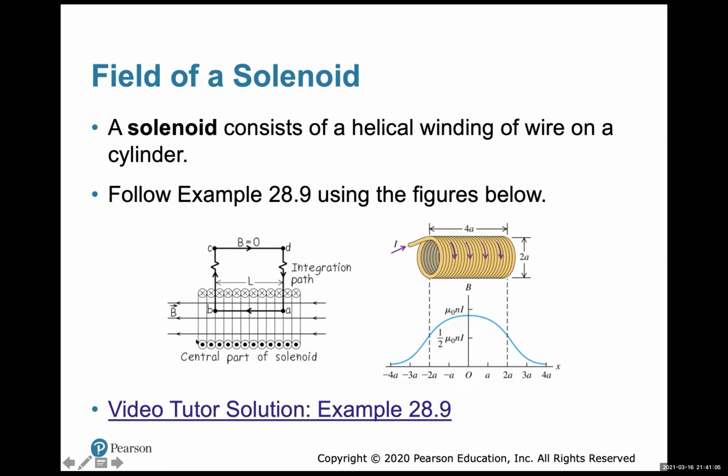Each one of these would produce a field that way, but each one of these would produce a field the other way. And on this path from C to D, the field is 0 anyway, which feels almost exactly like how we determined the electric field between two parallel plates. I'm just saying.